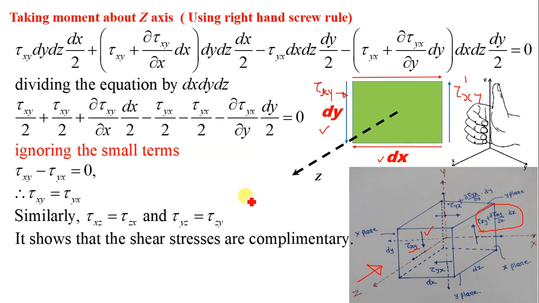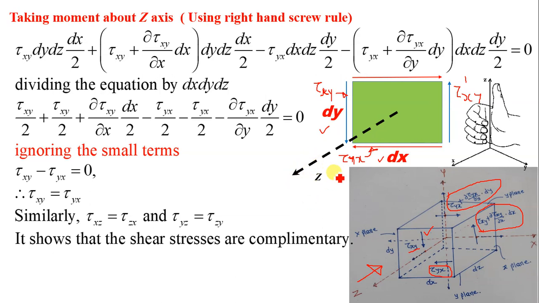Similarly, on the bottom face, on this edge dx, the stress acting is tau yx. And on this edge, the stress acting is tau yx plus the increment.